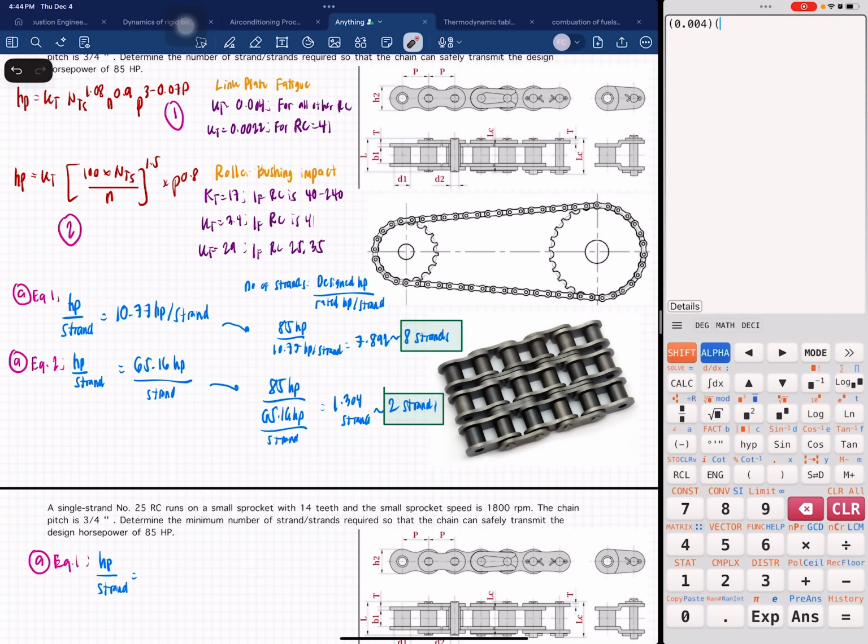Teeth is still 14. And the speed is now adjusted to 1800.